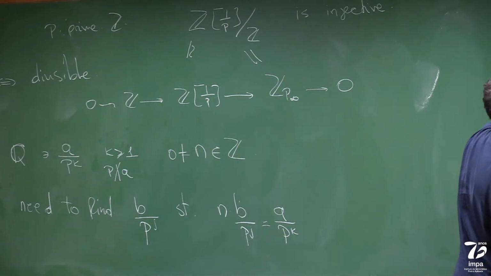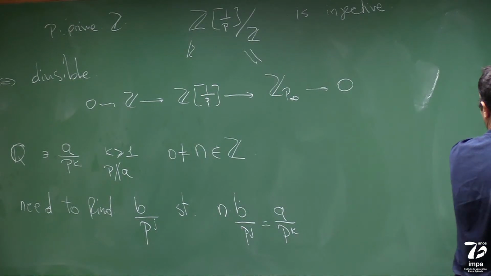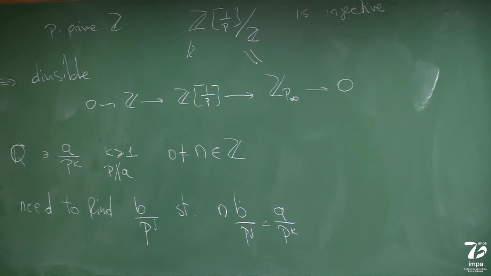So if I prove that that b and j exist, then I'm good, because that will prove that that guy is divisible and therefore it's injective.